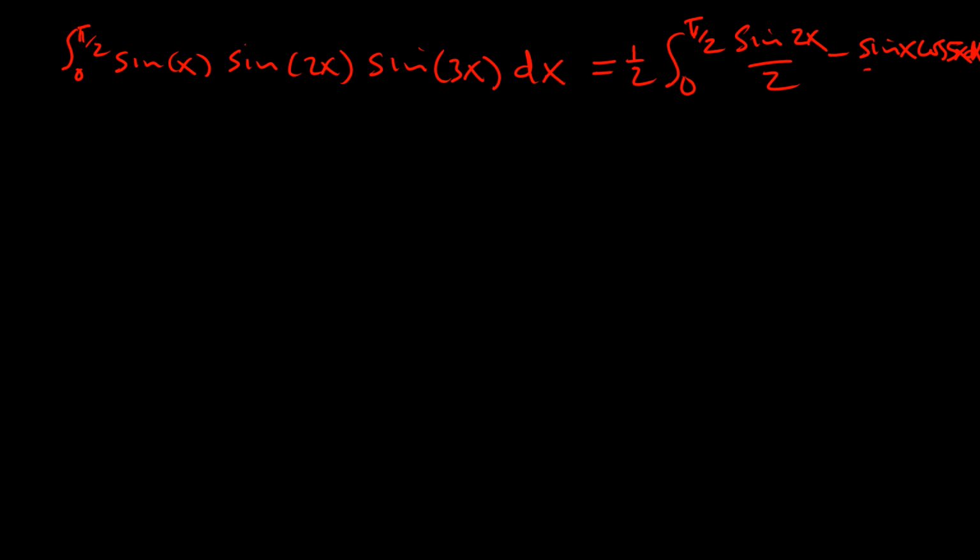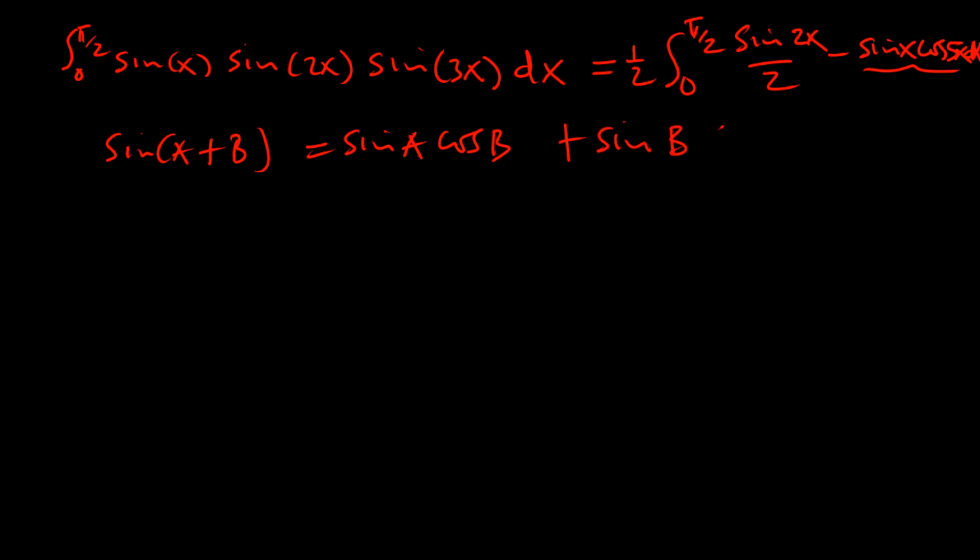We have to deal with this part, and we can use the sine identity. Sine a plus b is equal to sine a cosine b plus sine b cosine a.